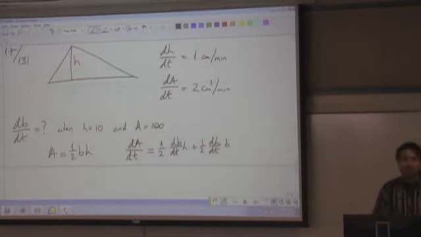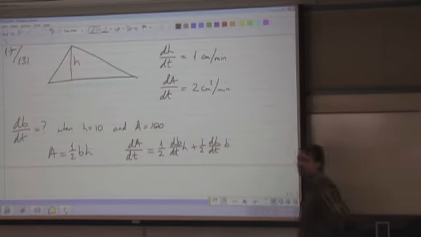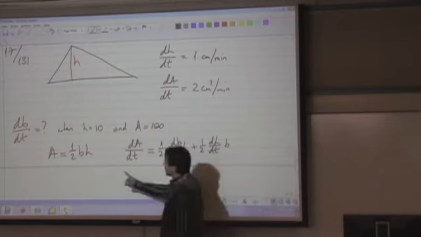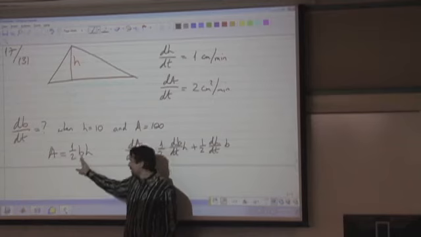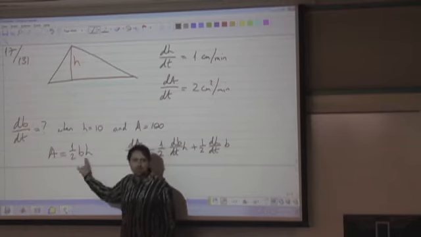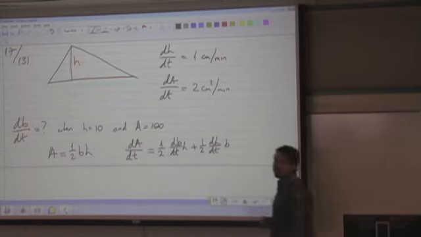Is that making sense? You use the product rule, and you also use implicit differentiation. A, b, and h are all implicitly functions of time. On the right hand side, you have a product of two functions, so you need to apply the product rule.